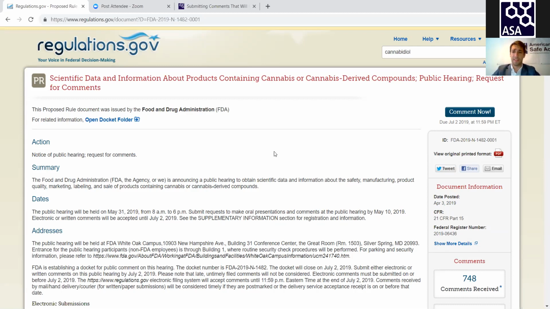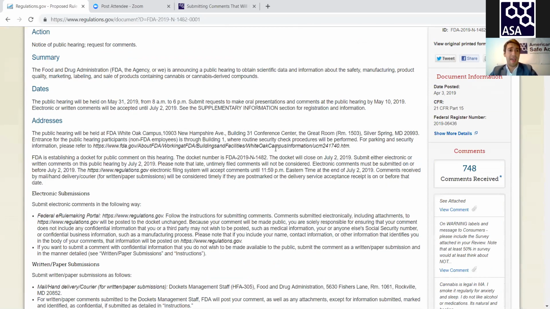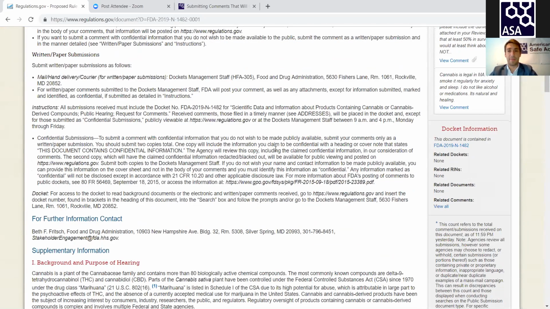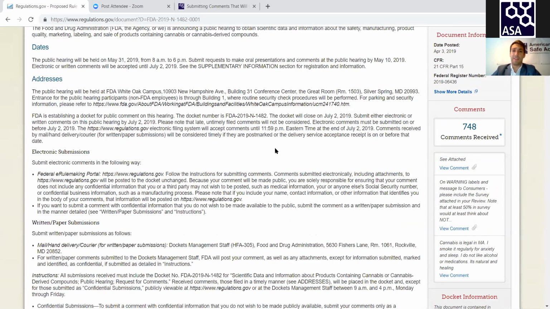It tells you all of the details in terms of technical information, how to submit comments, and then the content of the comments themselves. So right now, the FDA has said that through July 2nd, they will be accepting comments, although the public hearing on this issue is May 31st.